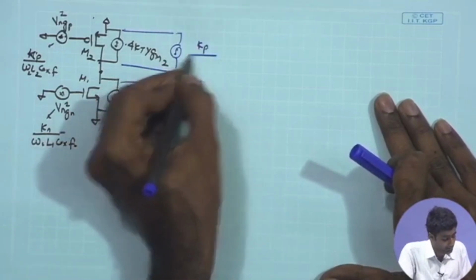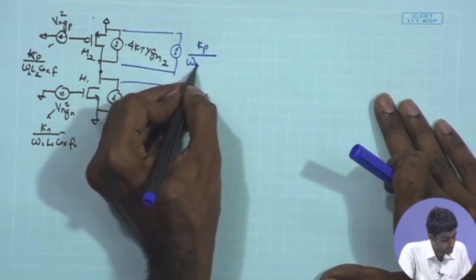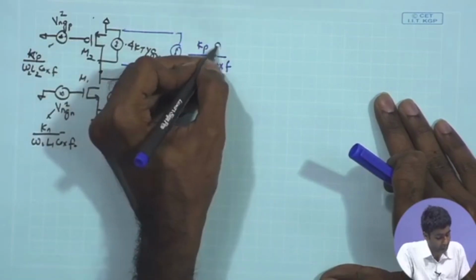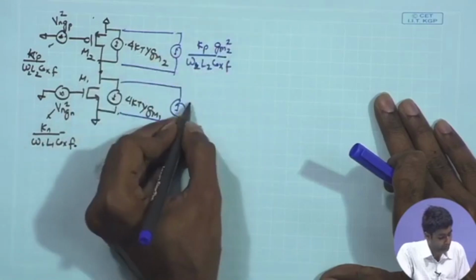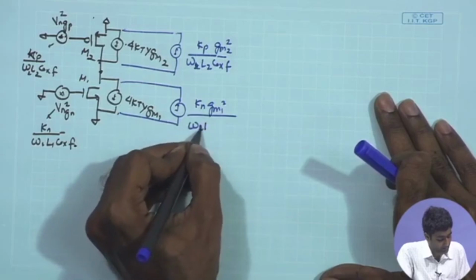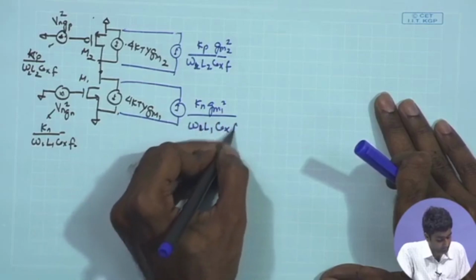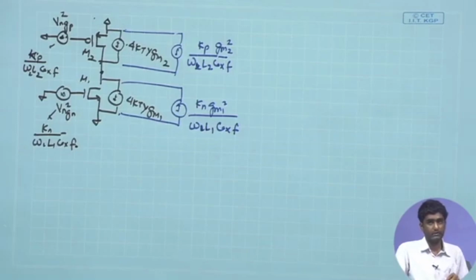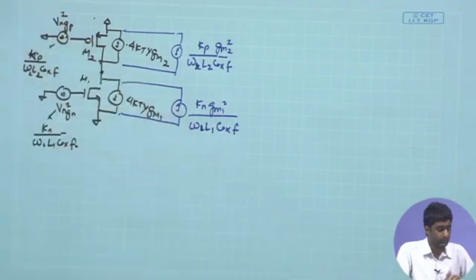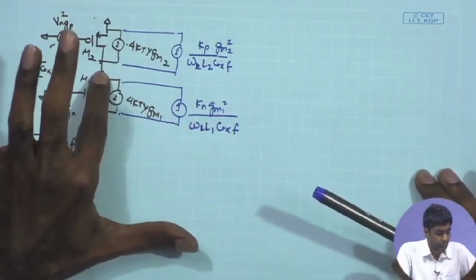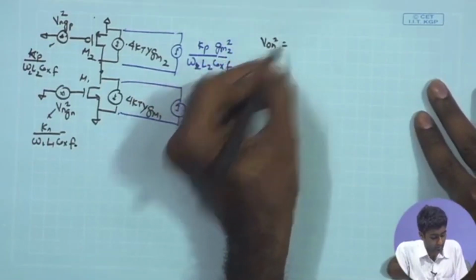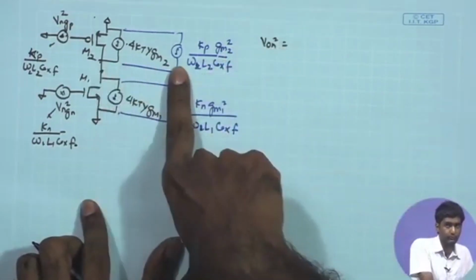This becomes Kp W2 L2 COX F times the Gm2 square, and likewise this becomes Kn Gm1 square W1 L1 COX F. Ultimately we have the same scenario as the previous case, and what we are going to do is get the total output voltage VON square, which is going to be the combination of all these 4 noise currents.